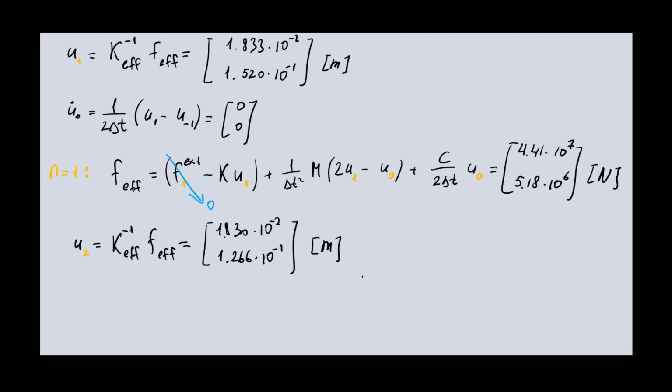In post-process, we can calculate the velocity u dot 1 as follows: 1 over 2 delta t times u. So this is how we do it at the time step n plus 1, but n is equal to 1, but we can do it at each time step.